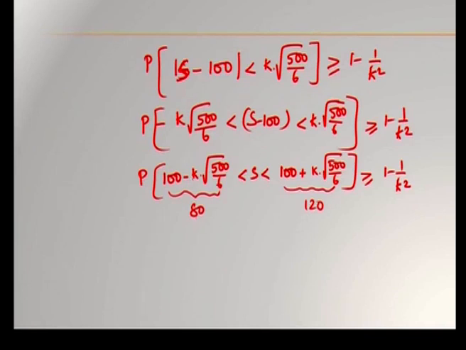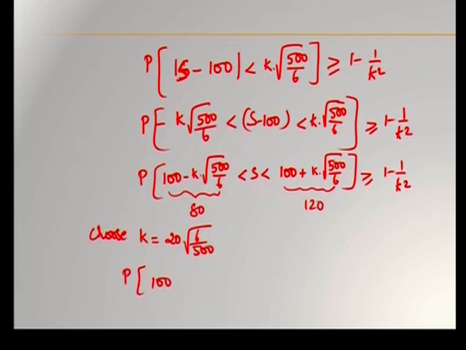Here if it is 20 into, and this thing goes off, then you will get 80. Therefore, choose k as 20 into root of 6 by 500. So, what happens?